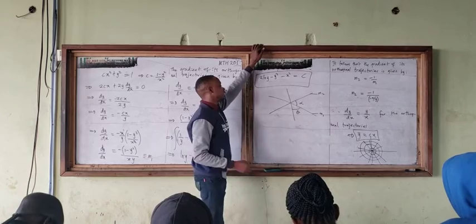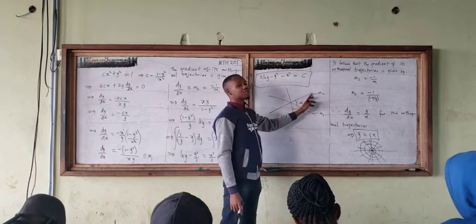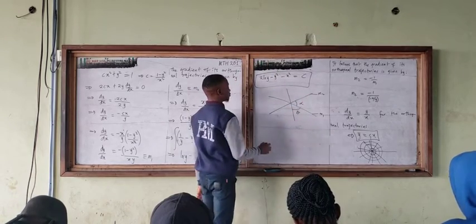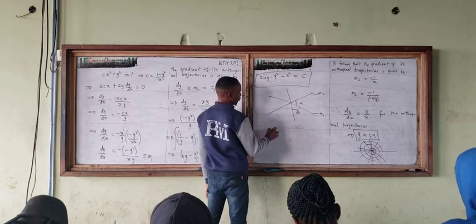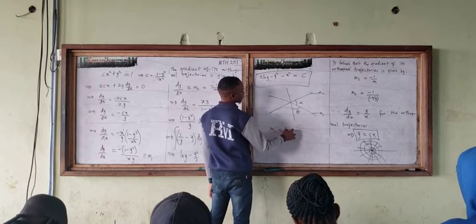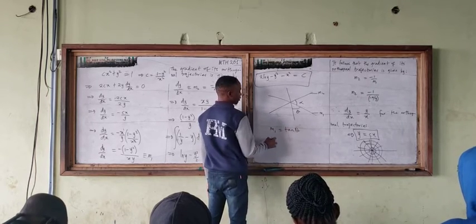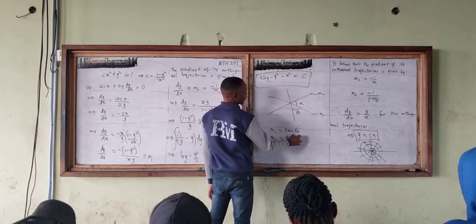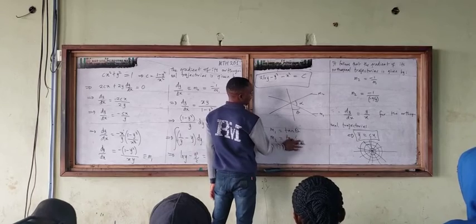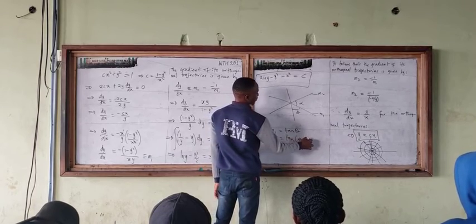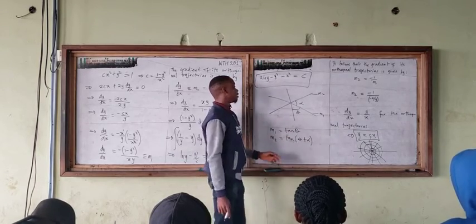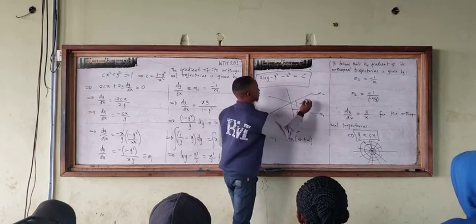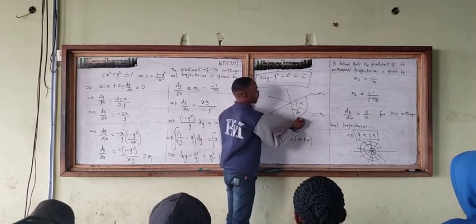So if you want to get the gradient of this one, M1 normally is equal to tan theta, and M2 is going to be equal to tan of theta plus alpha. What do we mean by that? That means that in this case, we are interested in this angle that this makes with this axis.